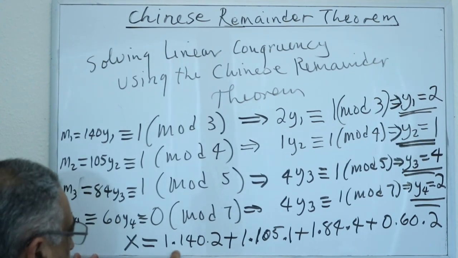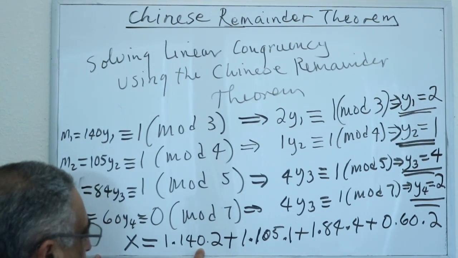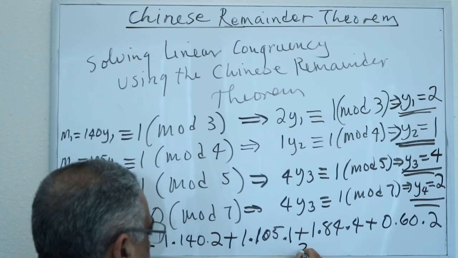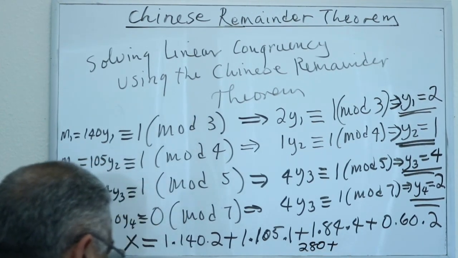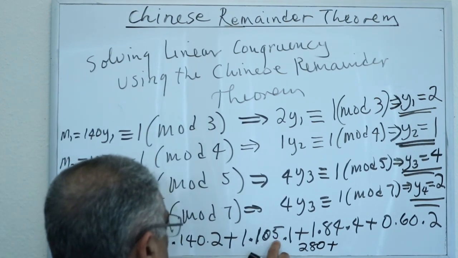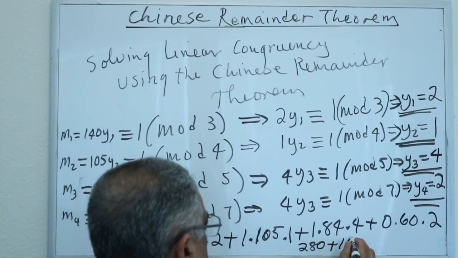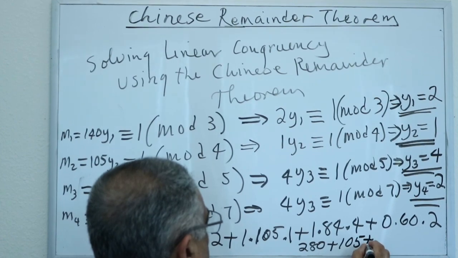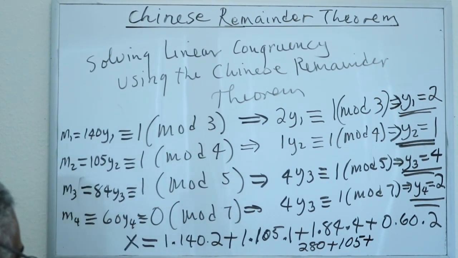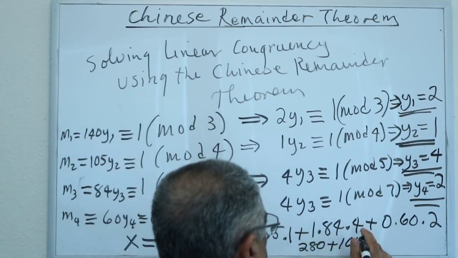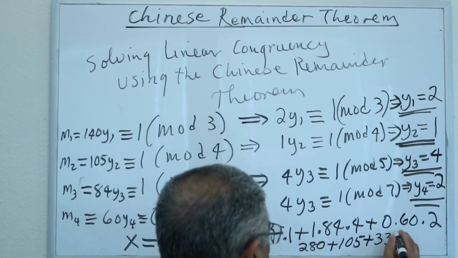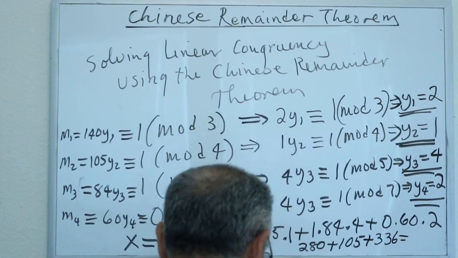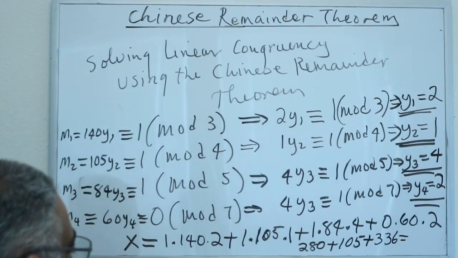So now all I have to do is evaluate this. 140 times 2 is 280. 105 times 1 is 105. 84 times 4 is 336.